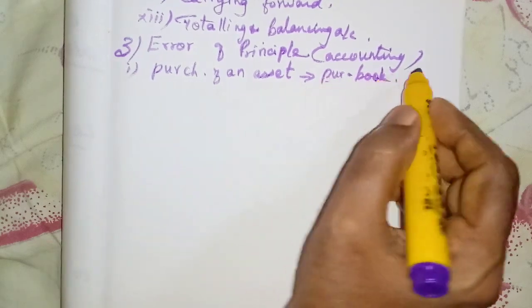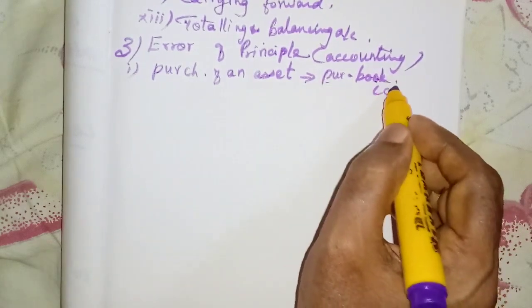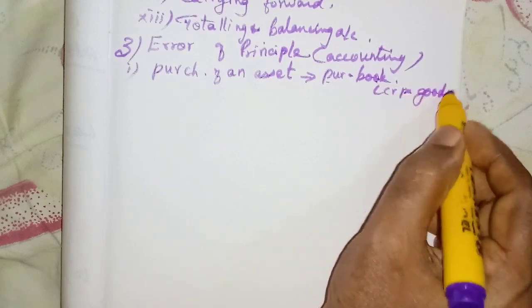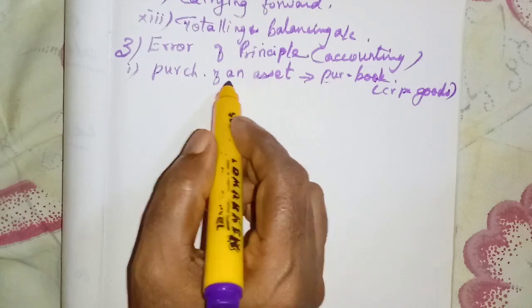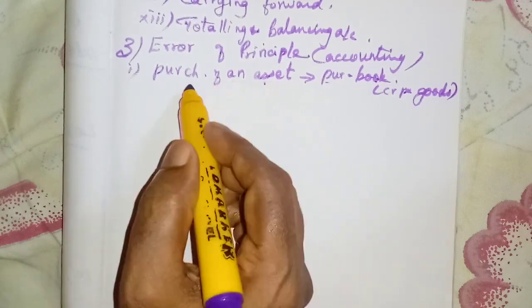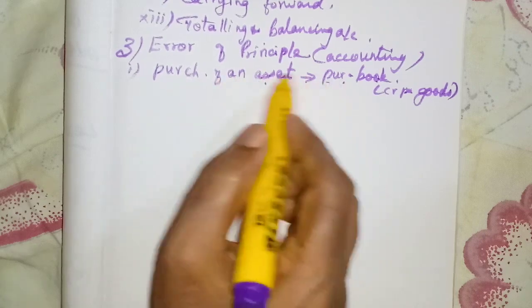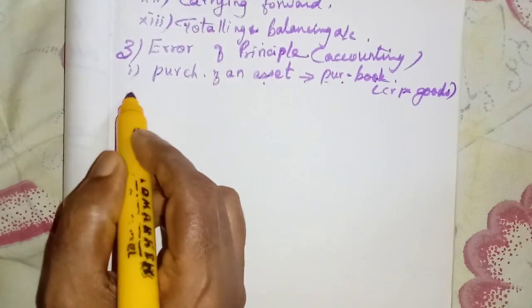Usually in the purchase book, what should we write? We should write only credit purchase of goods. We may not enter the purchase of an asset, but if we enter any asset we purchase in the purchase book, that is error of principle.